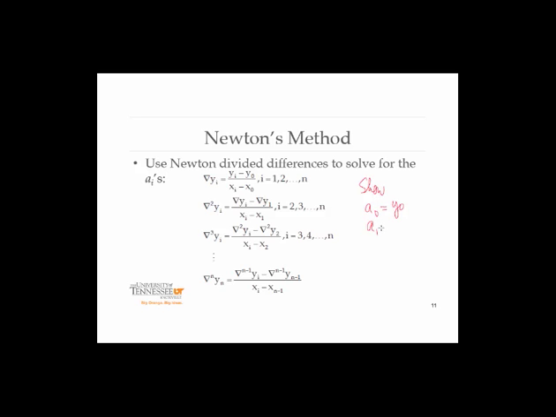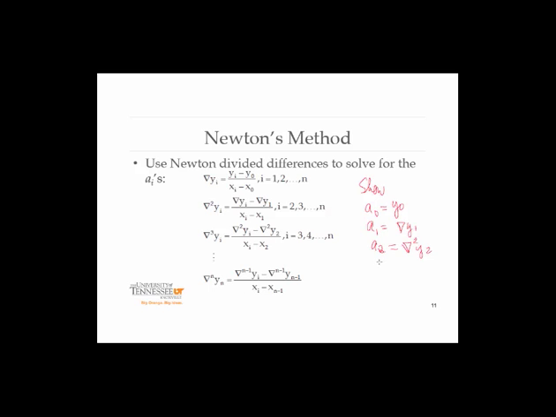The a1 coefficient will turn out to be this first order divided difference on y1. a2 will be the second divided difference on y2, using this notation.